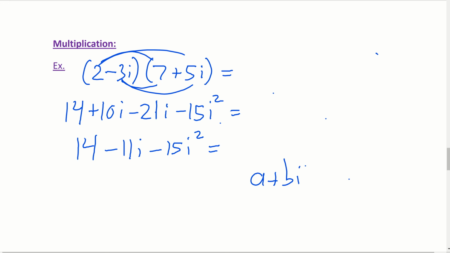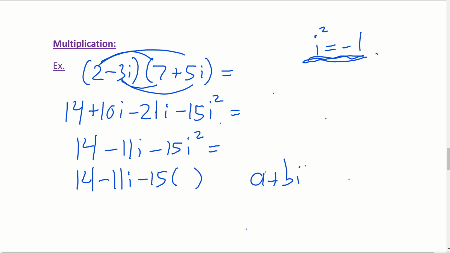And what we need to recall is that property of the imaginary unit, that i squared is equal to negative 1. So you don't want to leave any answer with an i squared. Everywhere we see i squared, we can replace it with negative 1. So this is 14 minus 11i, we have minus 15 times i squared. Well, i squared is negative 1. This is 14 minus 11i. Negative 15 times negative 1 is now going to be a positive 15.